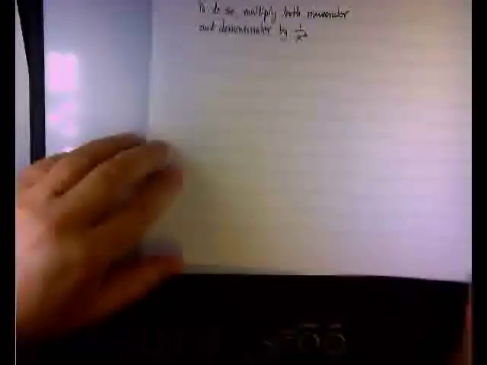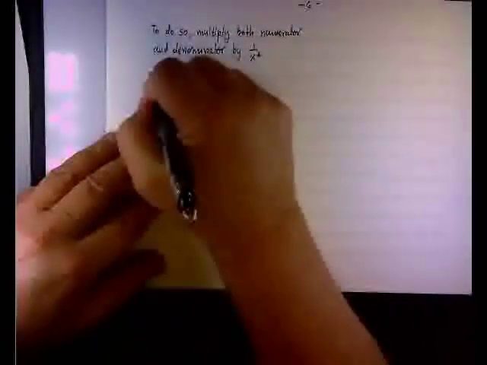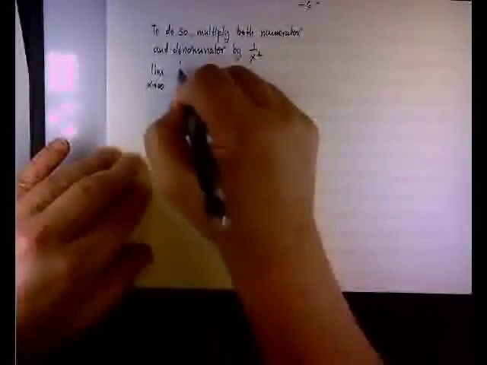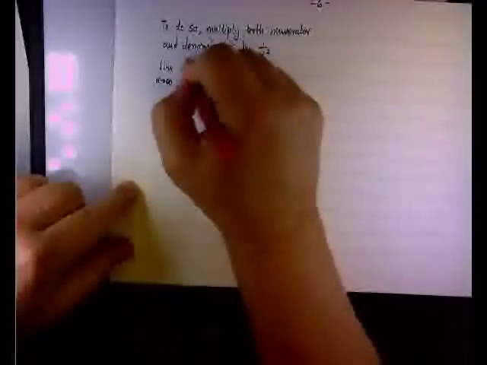So now the limit is going to look like this. We have the limit as x approaches infinity, and we have 1 over x squared. Let me do it in red. We have 1 over x squared and 1 over x squared, like so.